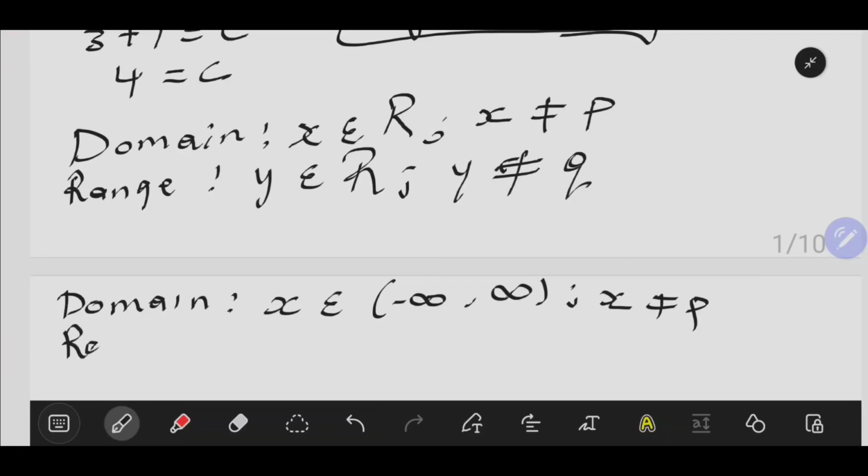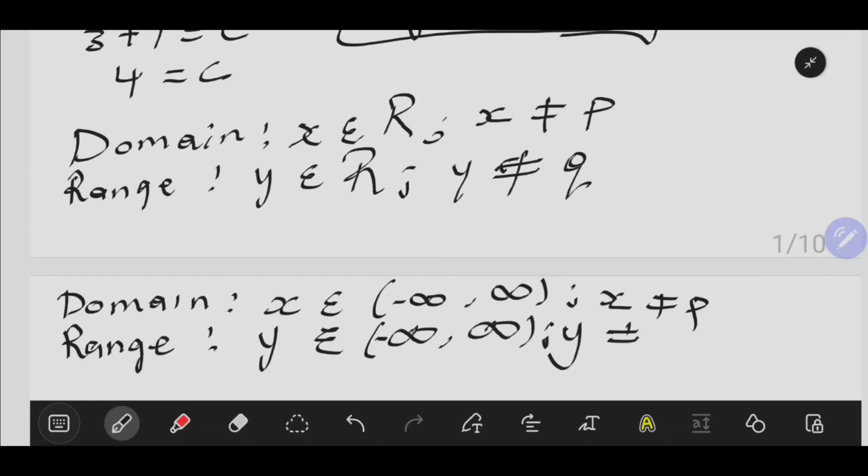Similarly, for the range, we can use the same format by saying y is an element of from negative infinity to infinity, but the y value must never be equal to the y asymptote. So this is how you can choose to write your domain and range. You can write it this way, or you can choose the second one.